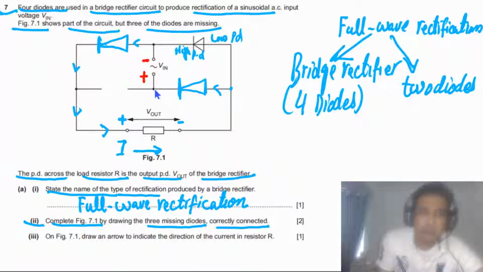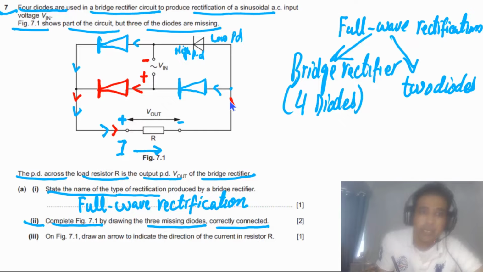So if this is positive, current cannot go this way because this is connected in reverse direction, so current has to pass through this one. So this has to be in forward direction. So we can draw a diode here, in forward direction. So current will flow this way, and then current enters from here and passes through this. So this direction is right.